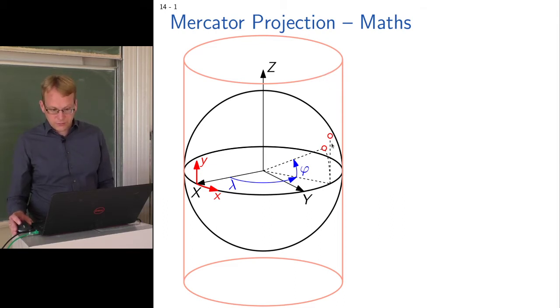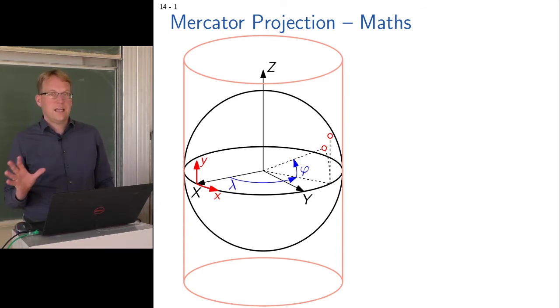where is this point? It is a function of phi. We set y equal to f of phi. That was what we said is true for every cylindrical projection. But what is this f? And that is what I would like to find now with you.